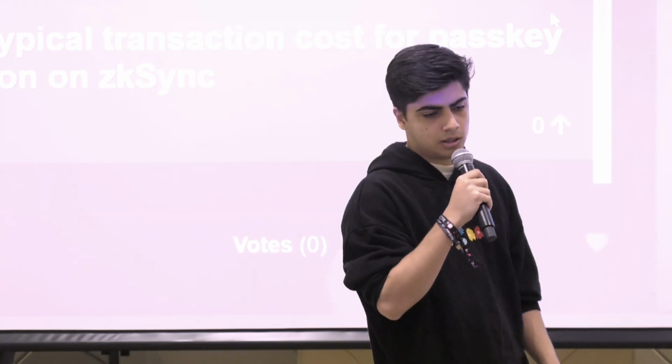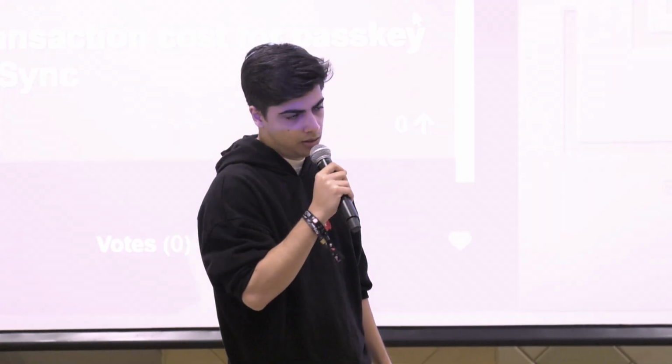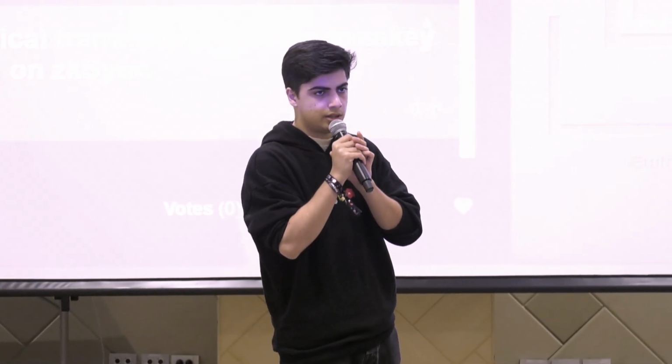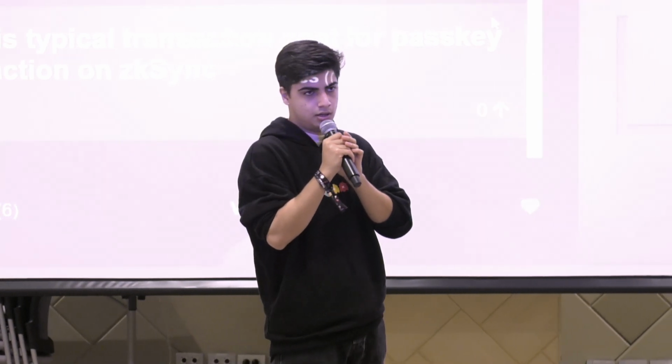We also support ZK email. We will be supporting it soon. ZK email helps you add emails as your guardians to your smart contract. In this case, the email that you send has a DKIM signature, and you can just verify that signature on chain using some cool stuff that the ZK email team built.